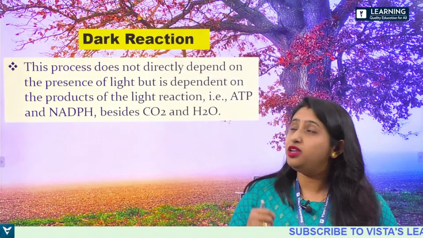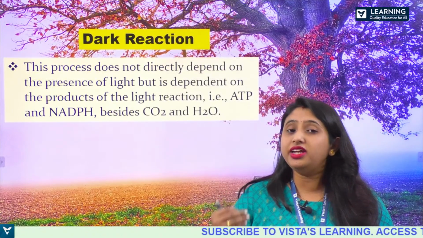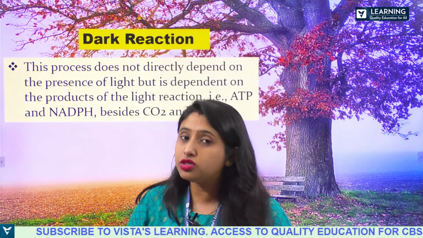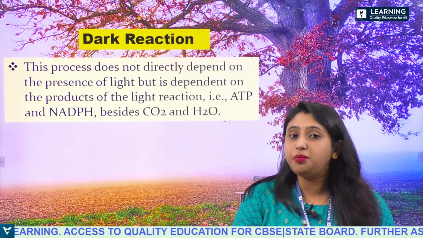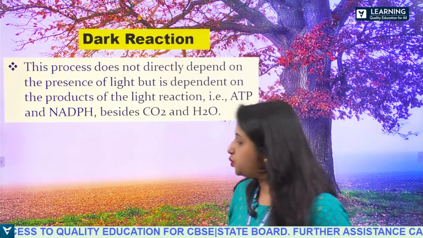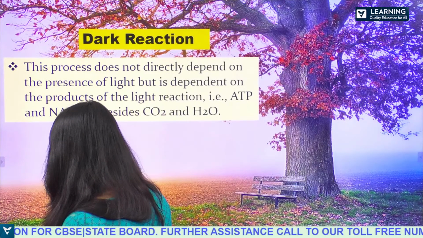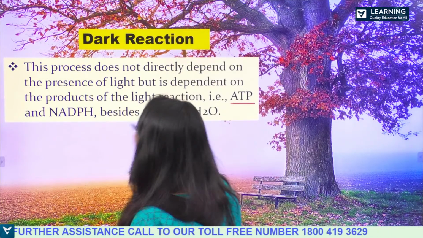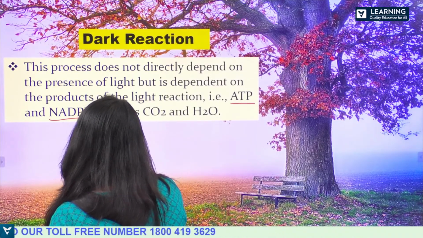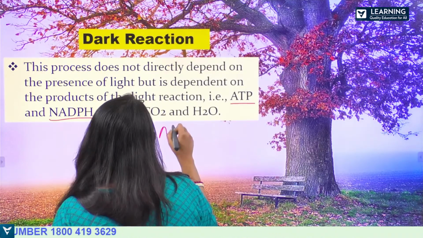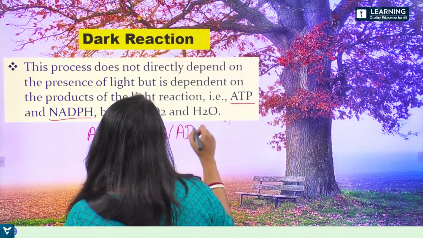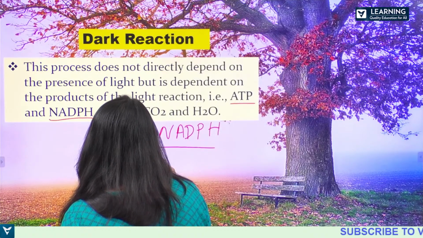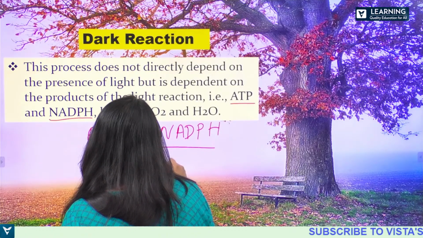Now, what do you mean by this dark reaction? Why is it called the dark reaction? You have seen that during photosynthesis, ATP and NADPH are evolved. During the light reaction, you got ATP and NADPH, right? These two are necessary for the dark reaction.